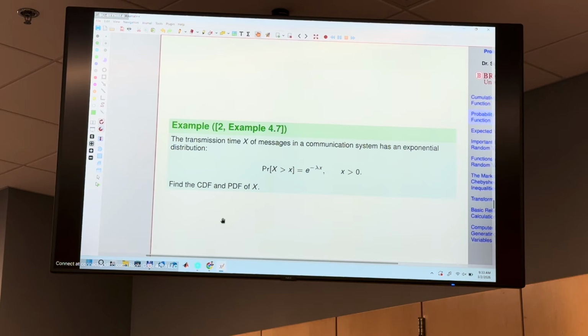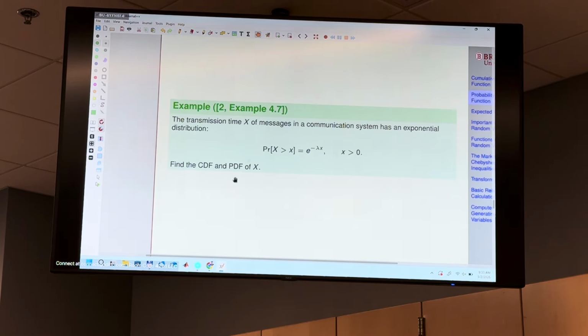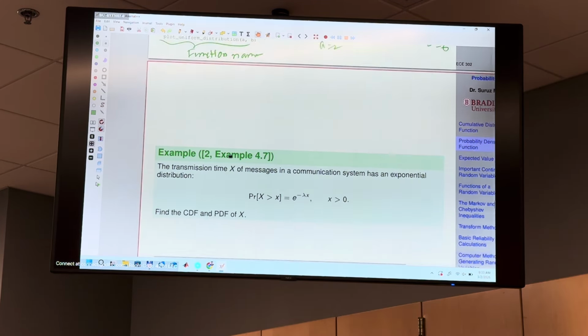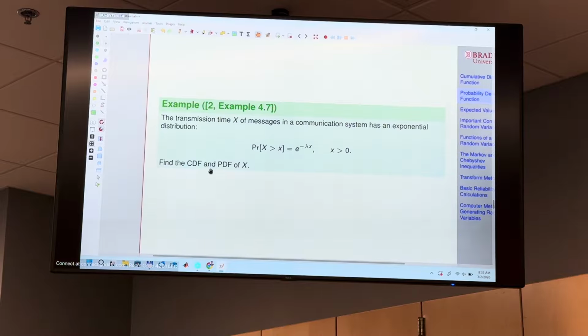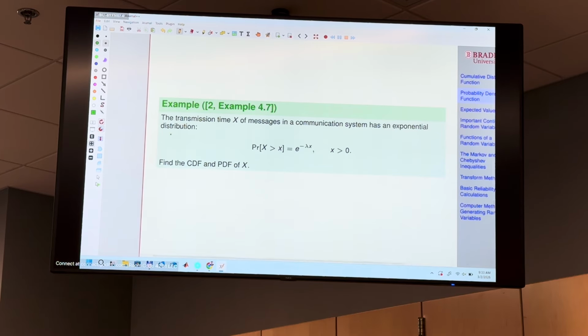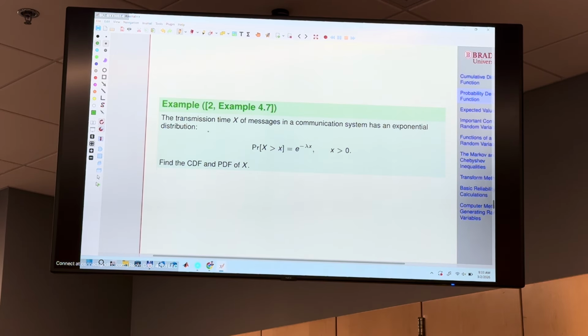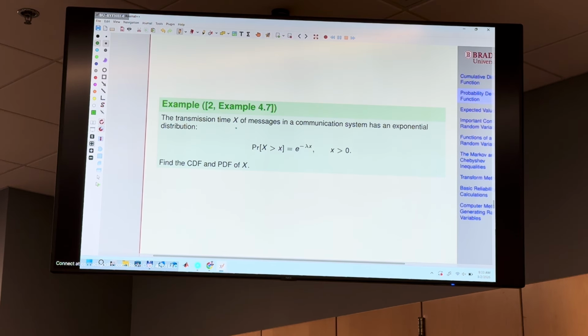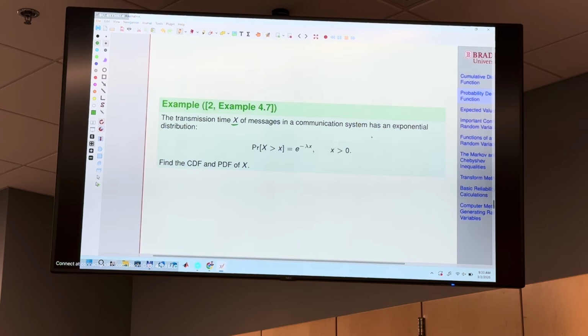You can practice that. Now, this example is very similar to the previous example, except that the random variable x follows an exponential distribution.